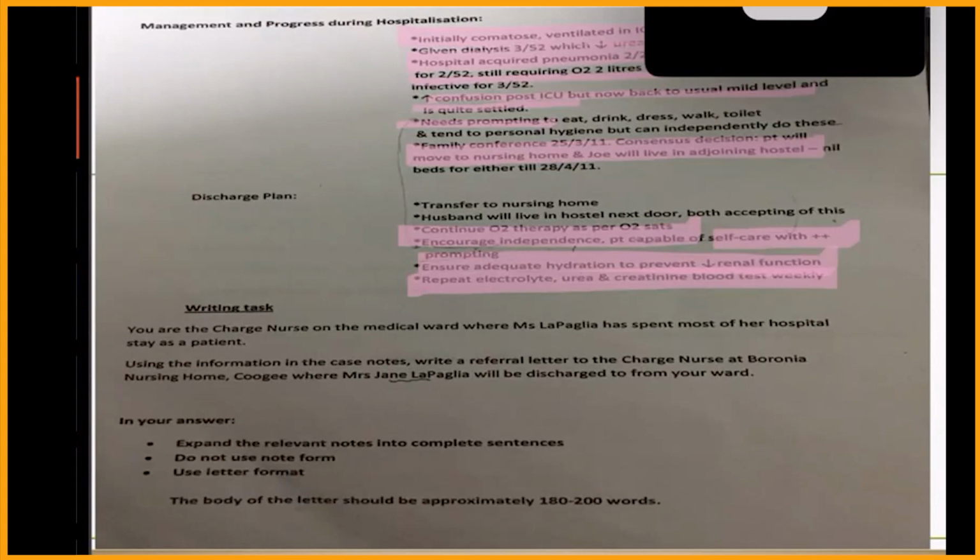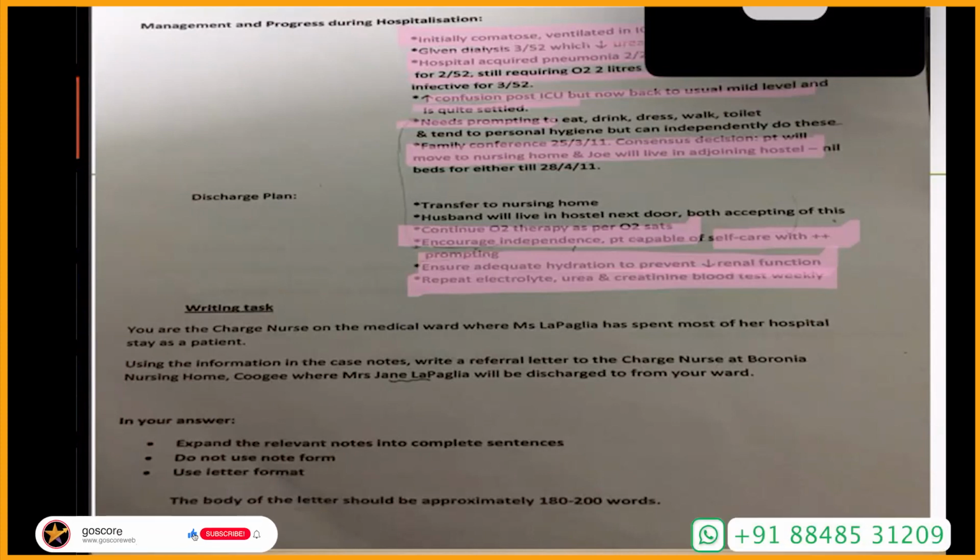Encourage her to take adequate hydration. According to a saturation chart, this should be mentioned, okay? And for oxygen saturation, that should be mentioned. Then, it would also be beneficial if you could ensure adequate hydration to prevent decreased renal function.